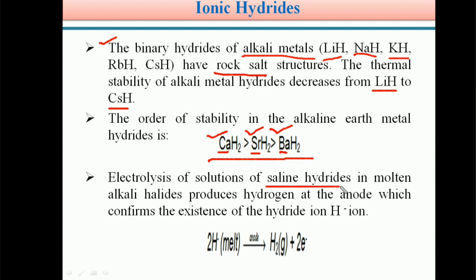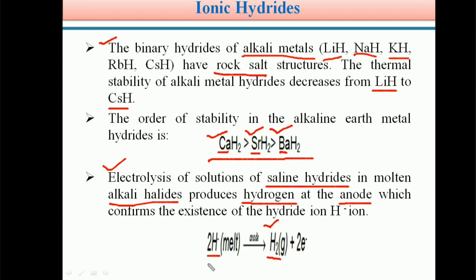Saline hydrides, or ionic hydrides, or salt-like hydrides, when electrolysed with molten alkali halides like sodium chloride, potassium chloride, sodium bromide, produce dihydrogen, that is hydrogen, at the anode. So this formation of H2 indicates the existence of H minus.